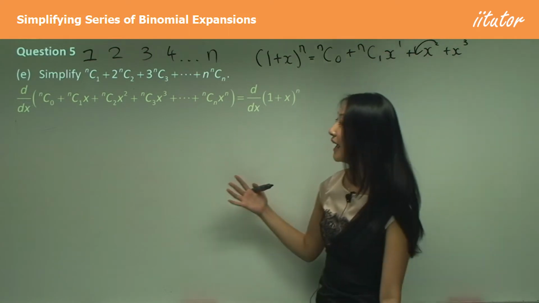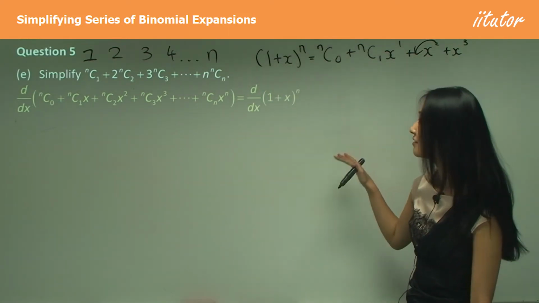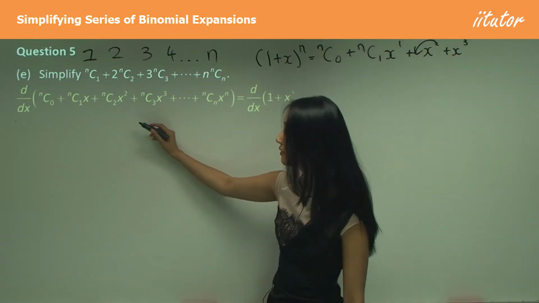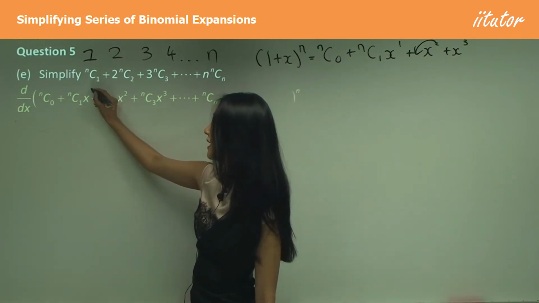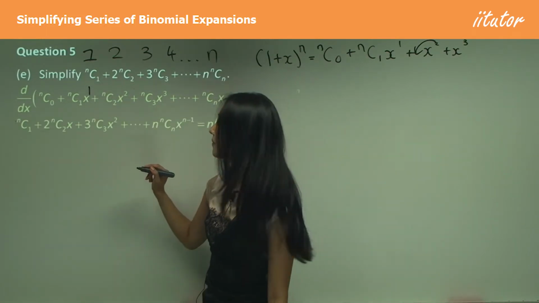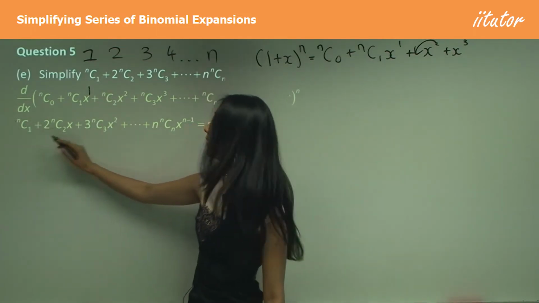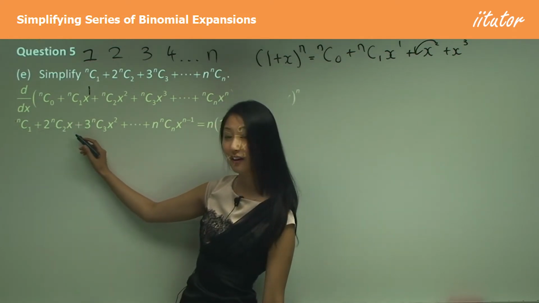So now what I do is I differentiate both sides of our basic expansion. So differentiating this side, that constant just disappears. And this is just x to the power of 1, right? So that just disappears as well. So it's nC1. Bring down the 2, so it's 2 nC2.